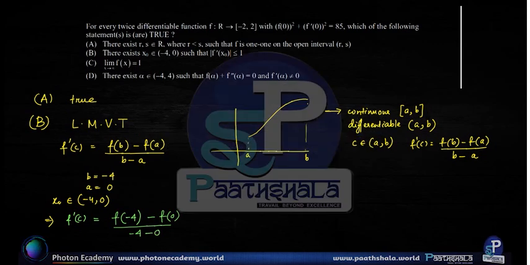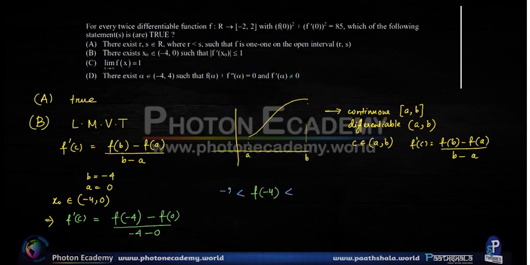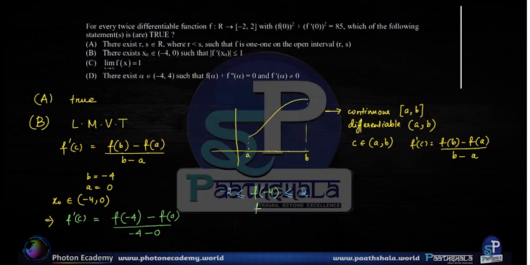Now, we know that f of minus 4 will lie between minus 2 and 2, because it is given in the question that it's a twice differentiable function from real numbers to the closed interval minus 2 to 2, and we also know that f of 0 will also lie between minus 2 and 2.